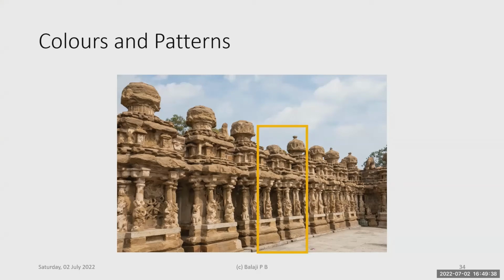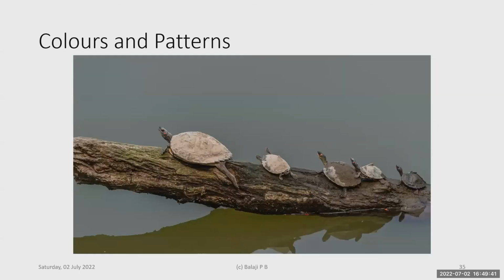We can see that in wildlife also. This is a photograph which was taken by me in Kaziranga National Park, where we have very interesting turtles. I think this is the Assamese roof turtle.